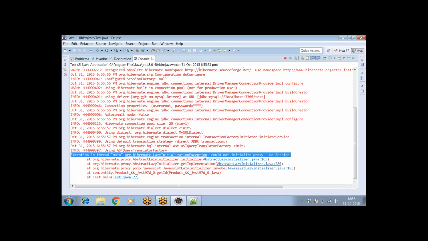It says could not initialize proxy. So it has told you that it has created a proxy, and it is unable to initialize that proxy object.